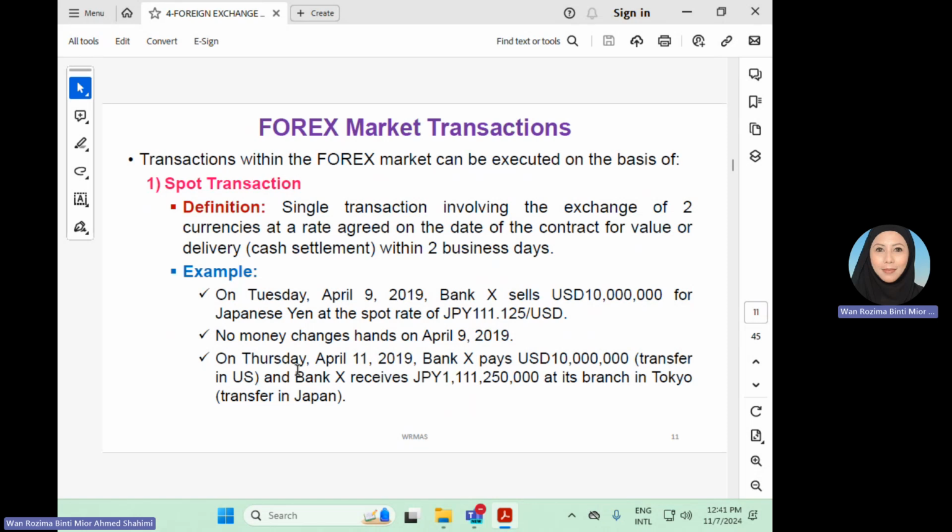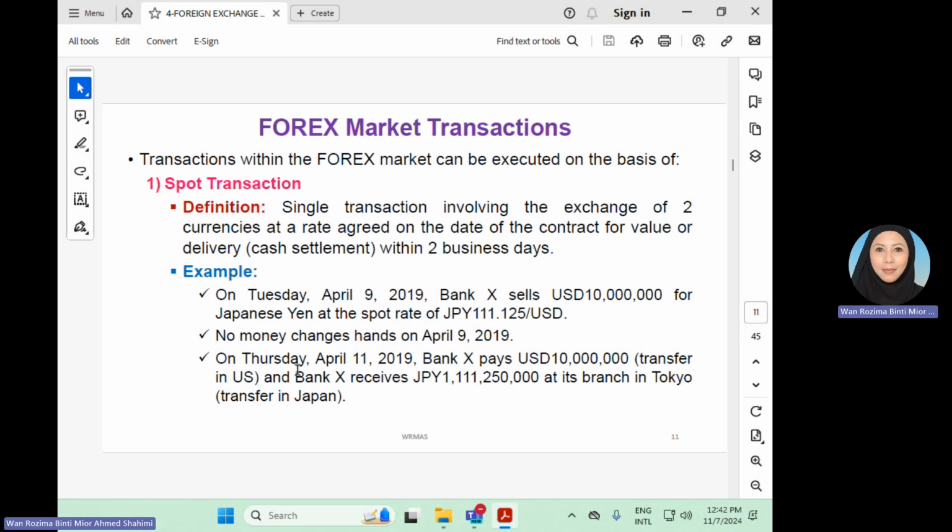After 2 days, this one is basically the theoretical part. Usually in the calculation, we don't have to wait for those two working days, just straight away, if we're talking about the spot rate for today. This one is for the concept.